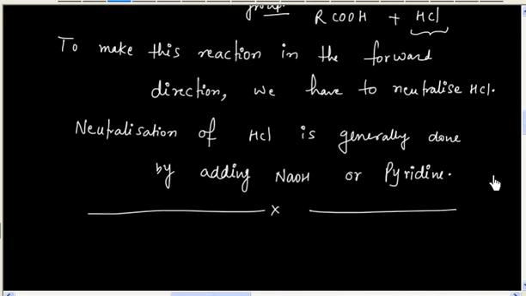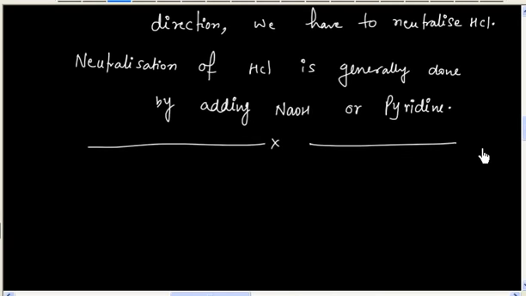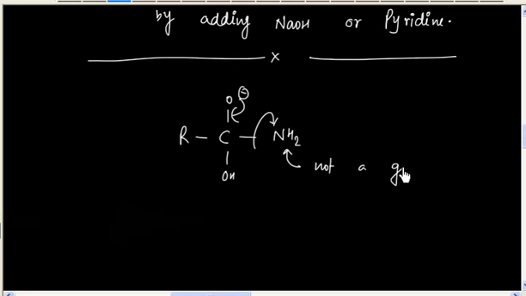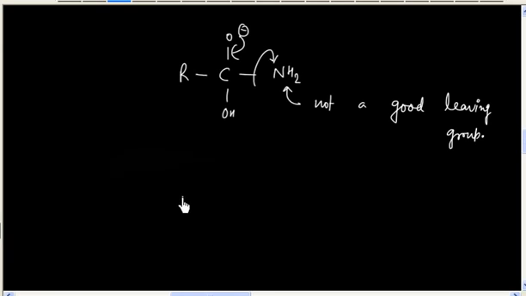For other acid derivatives, this group is not a good leaving group. For example, if we have amide, we will have this tetrahedral intermediate, and this time NH2 is the leaving group. So this is not a good leaving group. In case of ester, we will have OR minus as the leaving group.